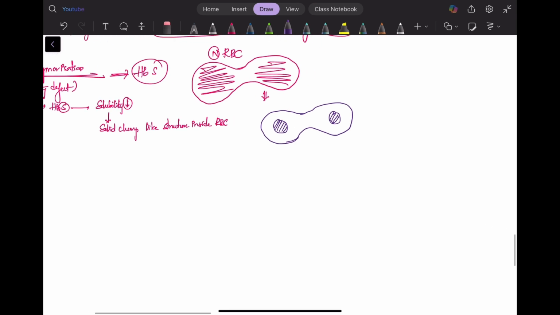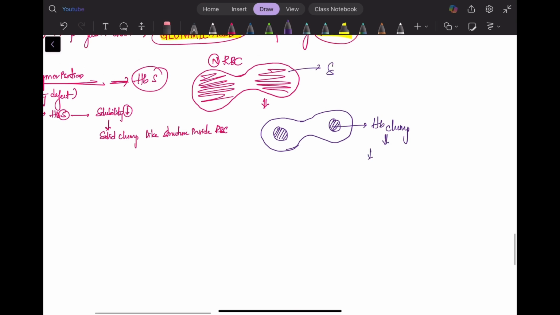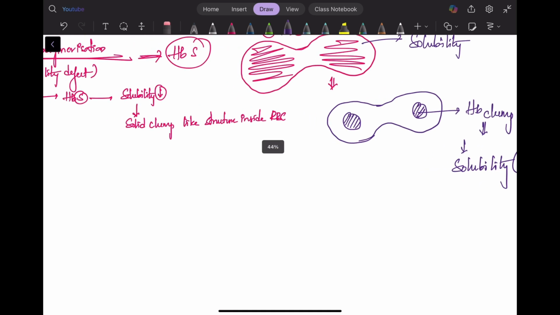You remember 3D specs, right? This is the hemoglobin clump. So if it is clumping, what happens? Usually solubility will be high, but here solubility reduces, right?